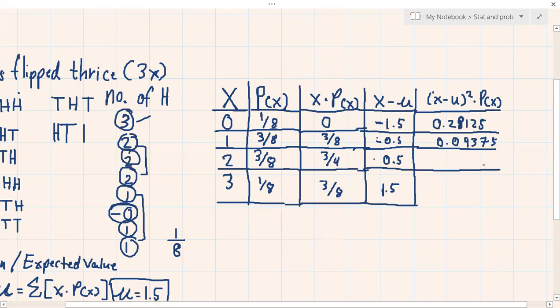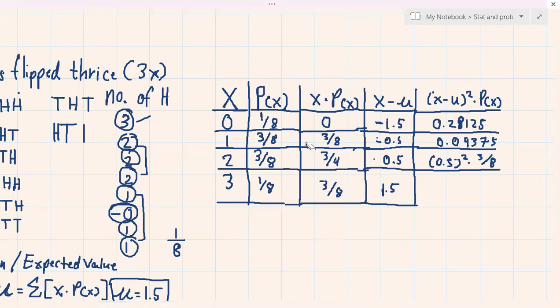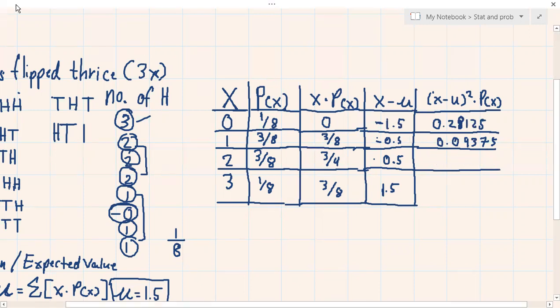Now, let's proceed to the third row. Okay? So, third row, so we have x minus the mean, which is 0.5. So, square natin siya. 0.5 squared times the p of x, which is 3 all over 8. So, 0.5 squared times 3 all over 8 is 0.09375. Parehas lang sila ng second row. Alright? There you go. That's it.